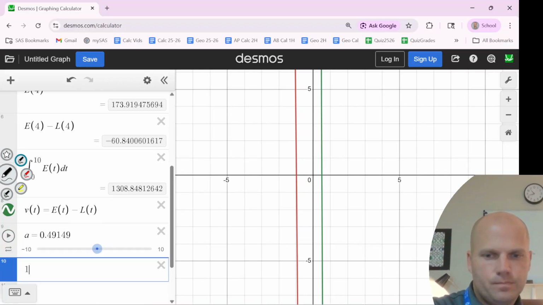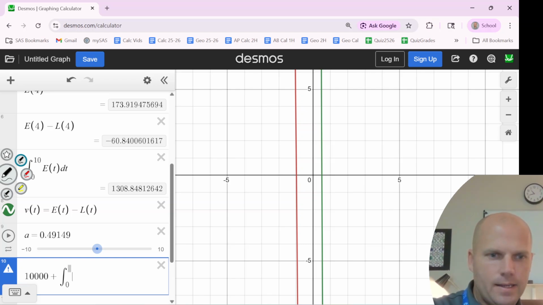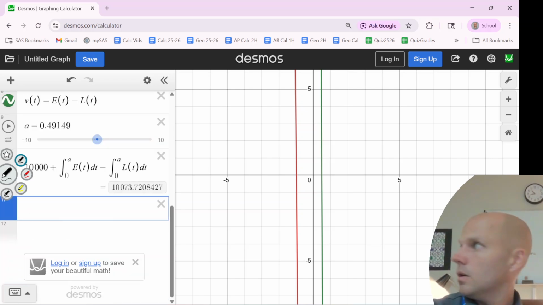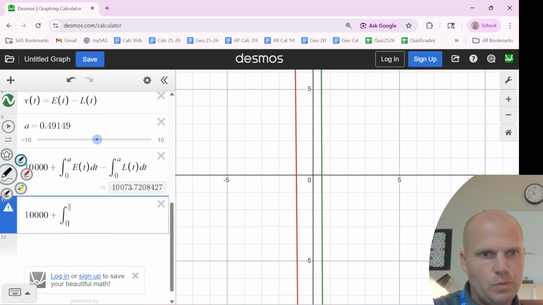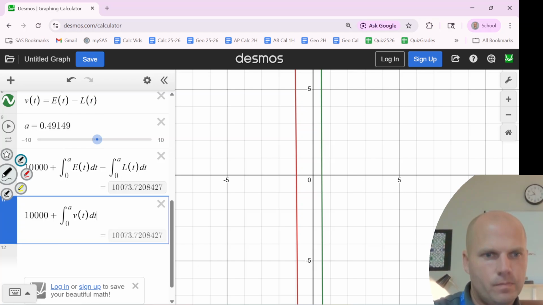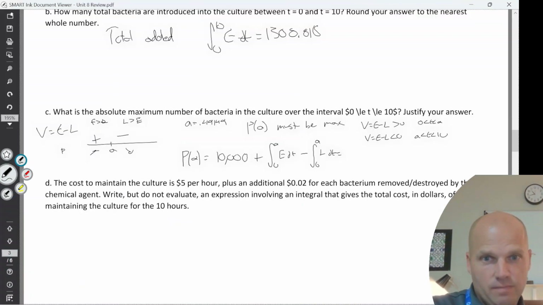So either adding E and then subtracting the amount that were killed, or accumulating your velocity to get 10,073. Cool.